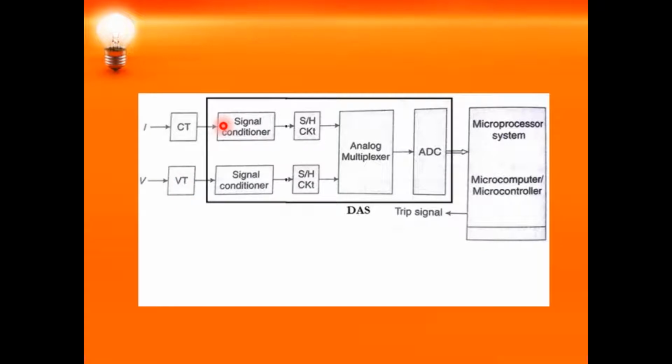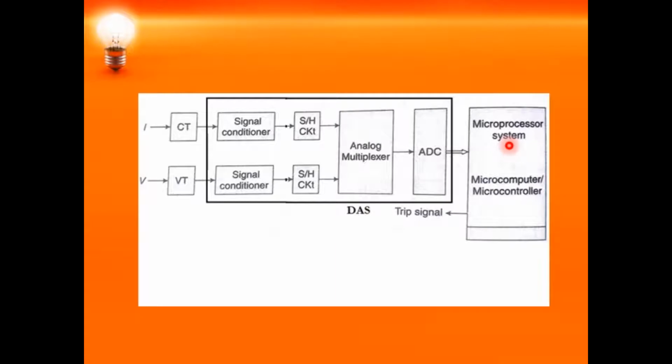The sampling of the current and the voltage readings is done at specified intervals of time, and it is passed through a data acquisition system, wherein the acquired samples get converted to digital form. You can see you have a sample and hold circuit, a signal conditioner, a mux and the ADC, the analog to digital converter, which gives a digital signal to either a microprocessor system or a microcontroller system, which will have a preset value programmed in it.